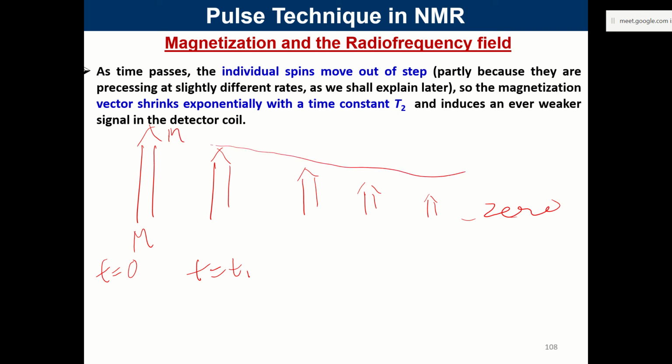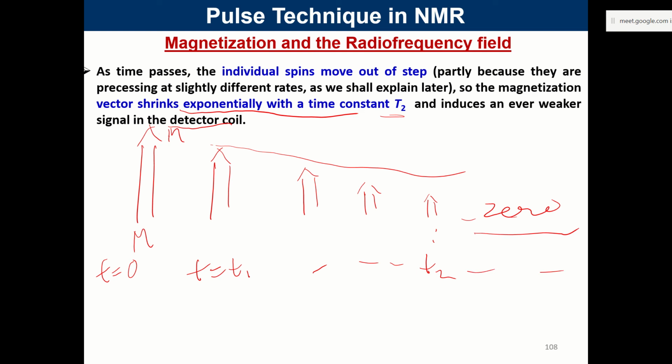This is what we expect, and this decrease happens in an exponential way, given by the time constant T2. Gradually in this detector coil, the signal will become weaker, and finally 0.